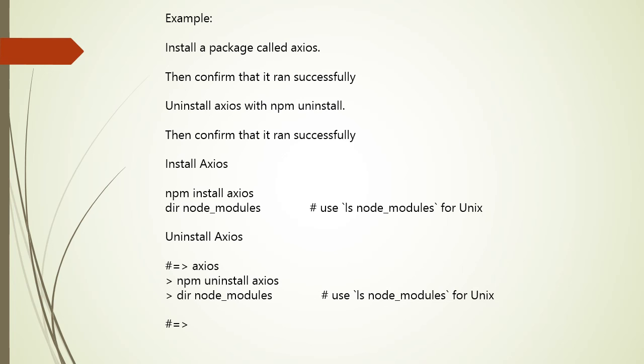If you are using the Unix version, you can obviously use the ls command. Now uninstall Axios. So give the command npm uninstall axios and check whether it is uninstalled or not. dir node_modules. So again, if you are using Unix, use the ls command.